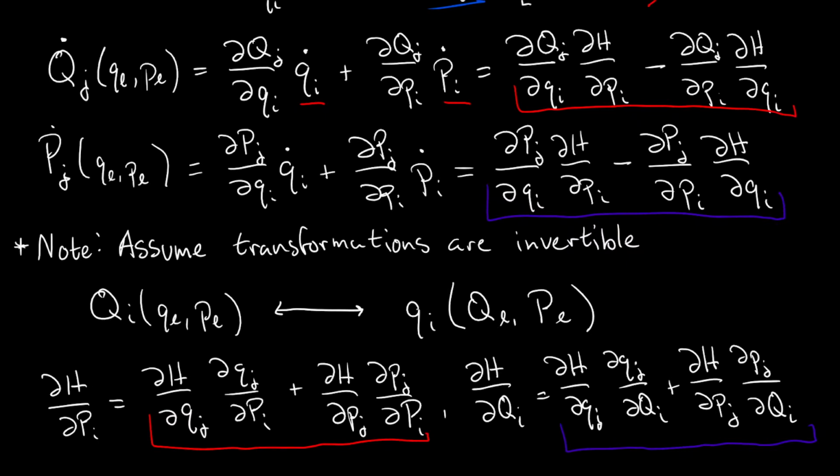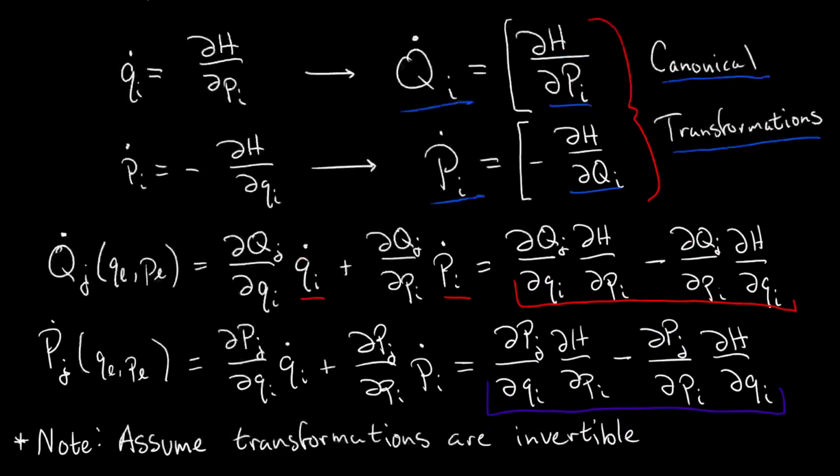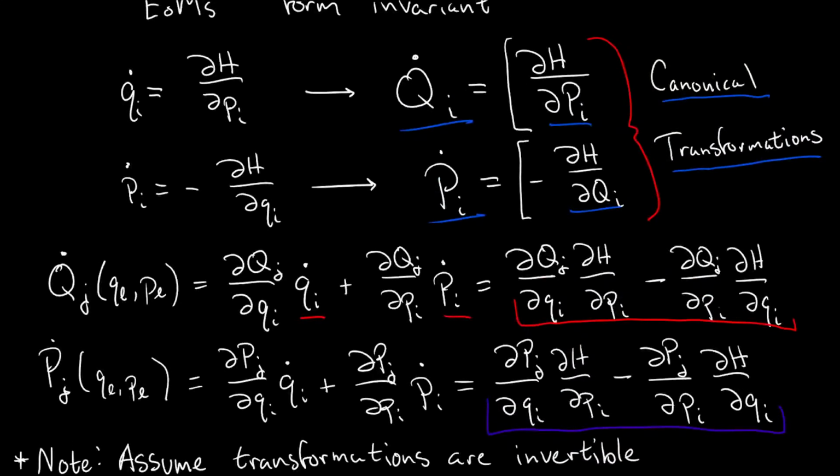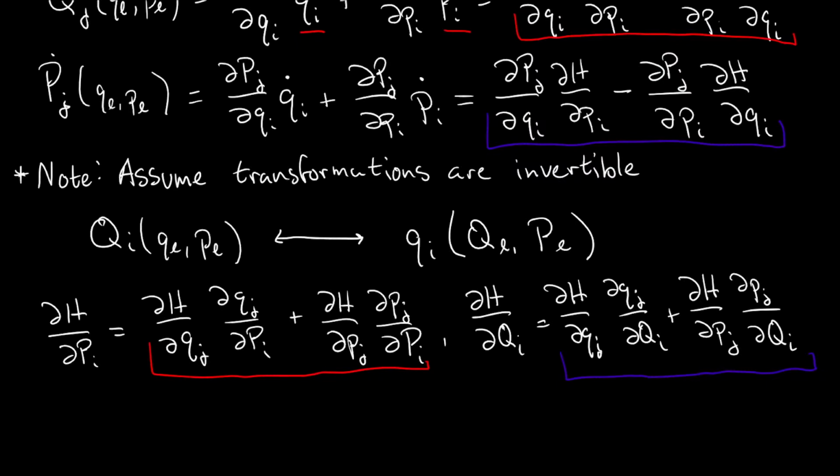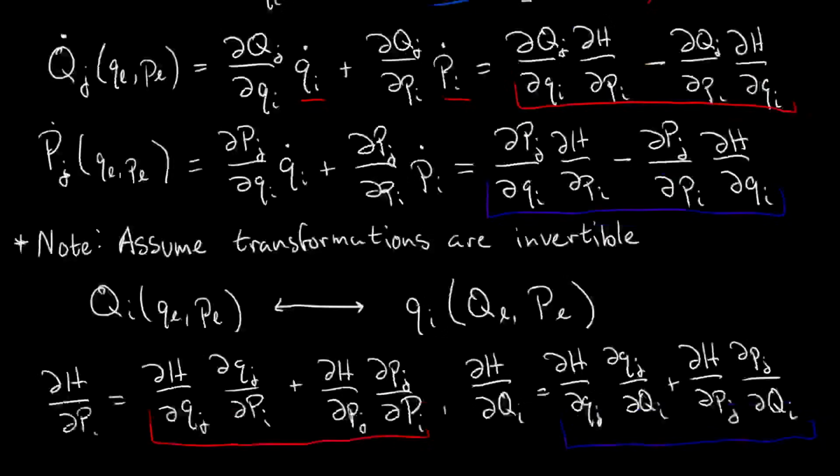Right, because that's just Hamilton's equations. That's just up here, right? Q dot is equal to dH dP. So that's this guy. And then similar for P dot.